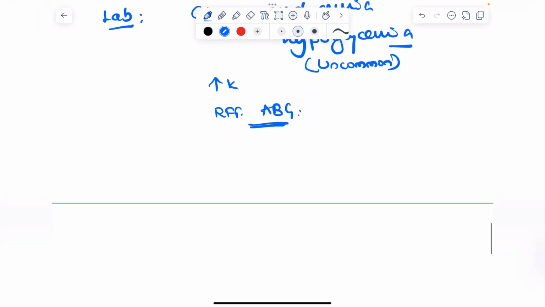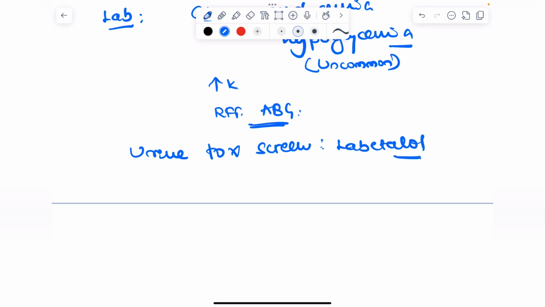Sometimes the urine toxicological screen may show amphetamine positivity. If the patient has ingested labetalol, the metabolite of labetalol has a structural similarity to amphetamine.